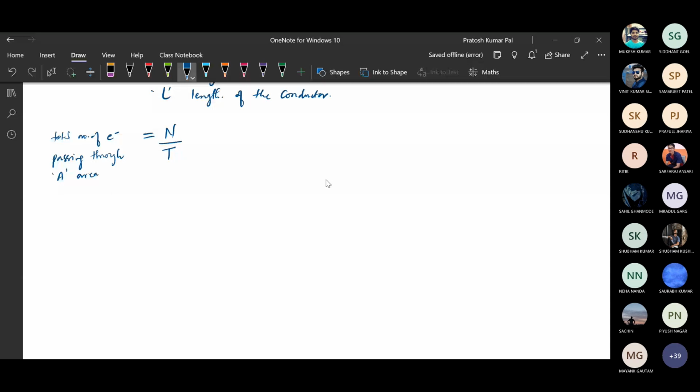We just need to convert the electrons into charge. So n into q over t is charge per unit time, and this charge per unit time is nothing but your current. That means the current passing through a particular conductor is defined with respect to this.